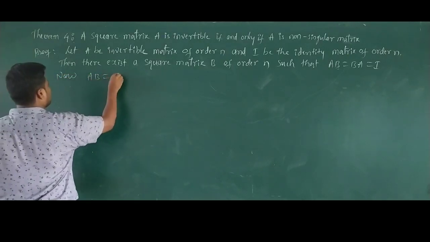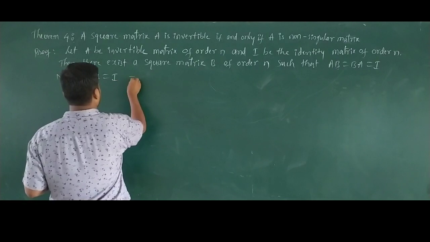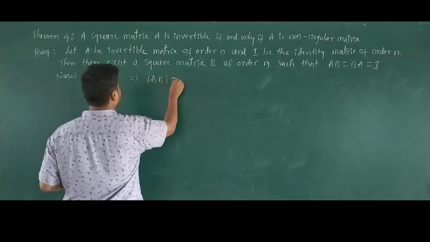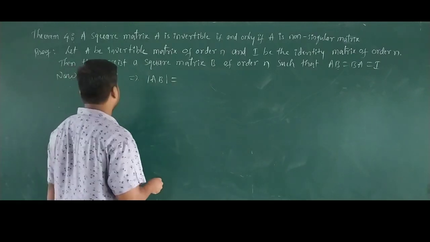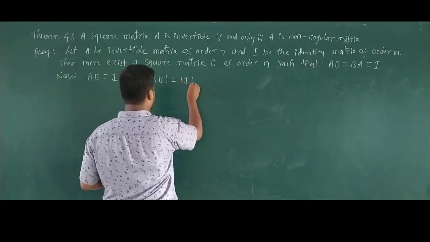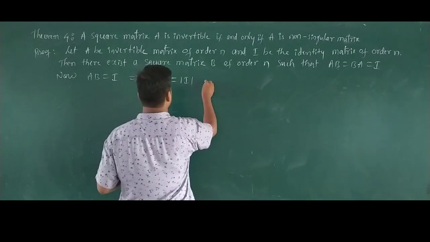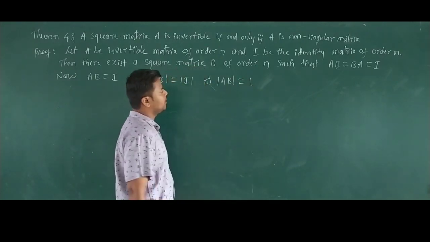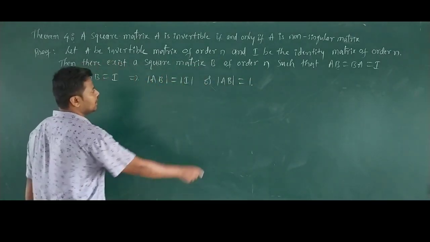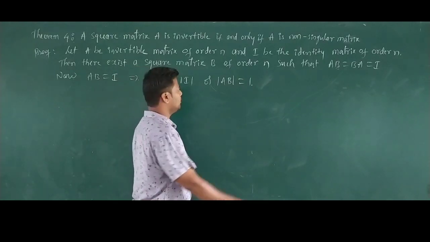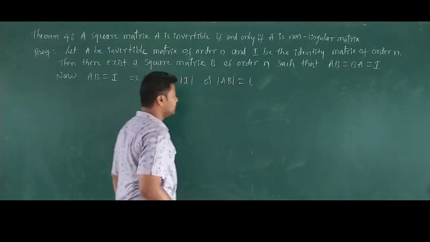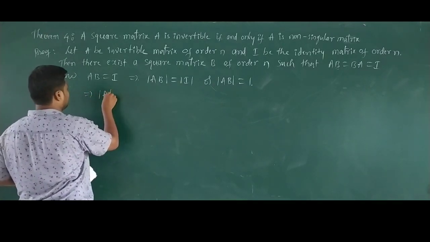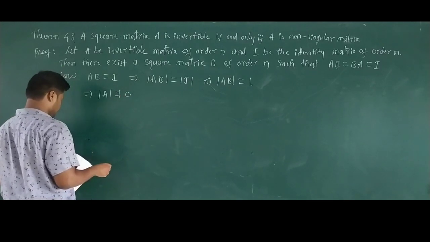Now AB equals I. So this implies determinant of AB, taking both sides, equals determinant of I, so determinant of AB equals 1. If any one of the matrices had determinant 0, the determinant value would not be 1. So this implies determinant of A not equal to 0.